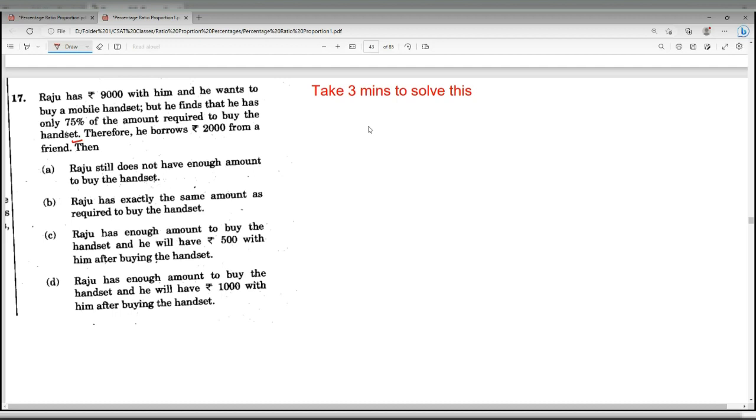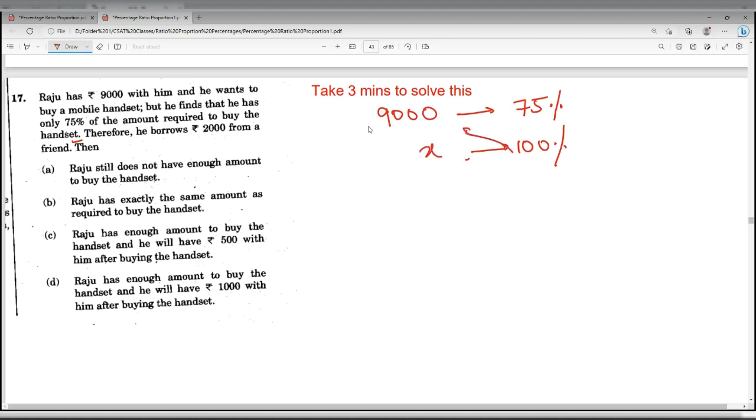So they're saying that he had 9,000 and it was not enough. It was only 75% of the amount required to buy the handset. So 75% corresponds to 9,000. Then 100% would correspond to how much? Let this be x.